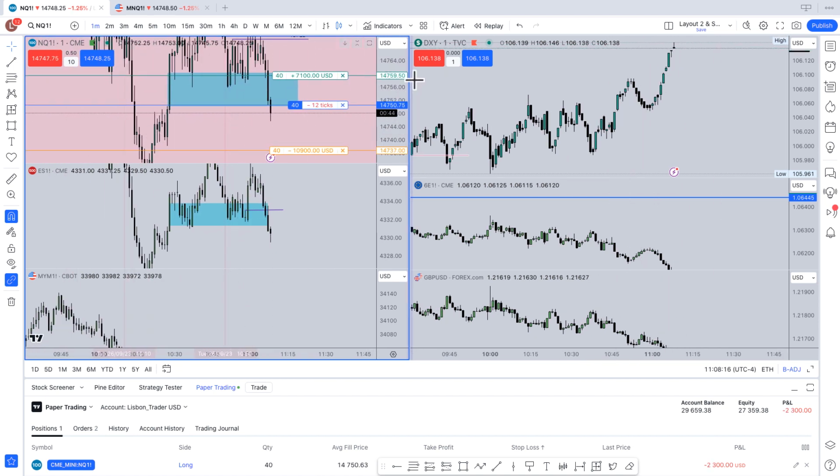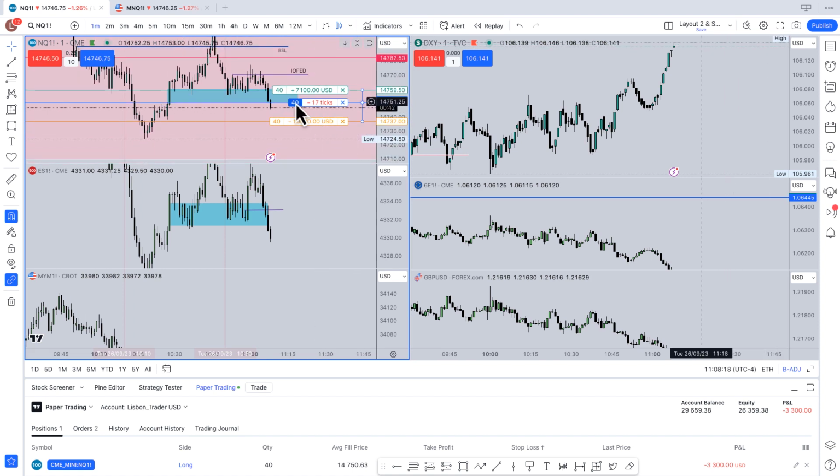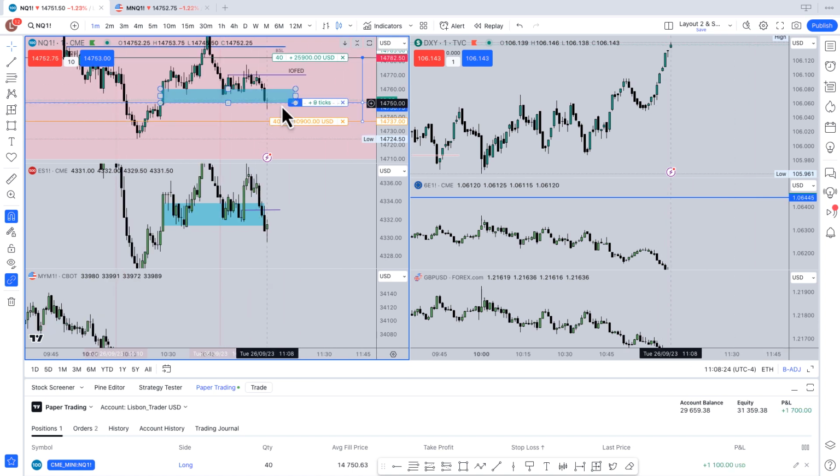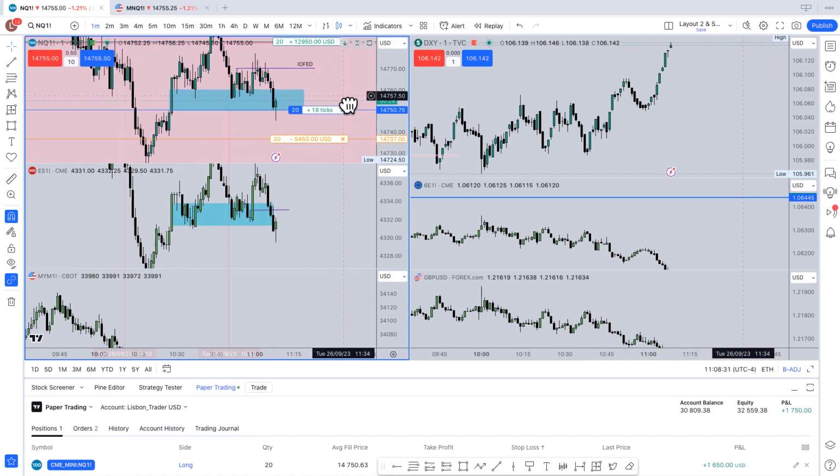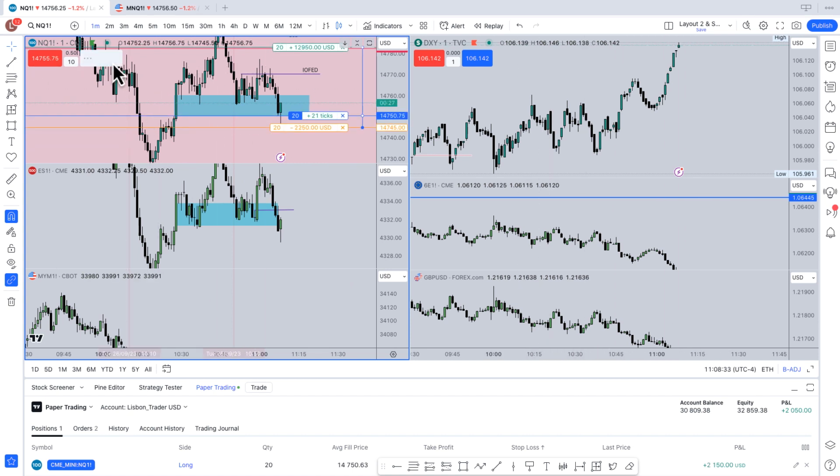Great. So now be pushing it above this level. There, 3k. Put back in some profits, but want to buy some more while it goes up.